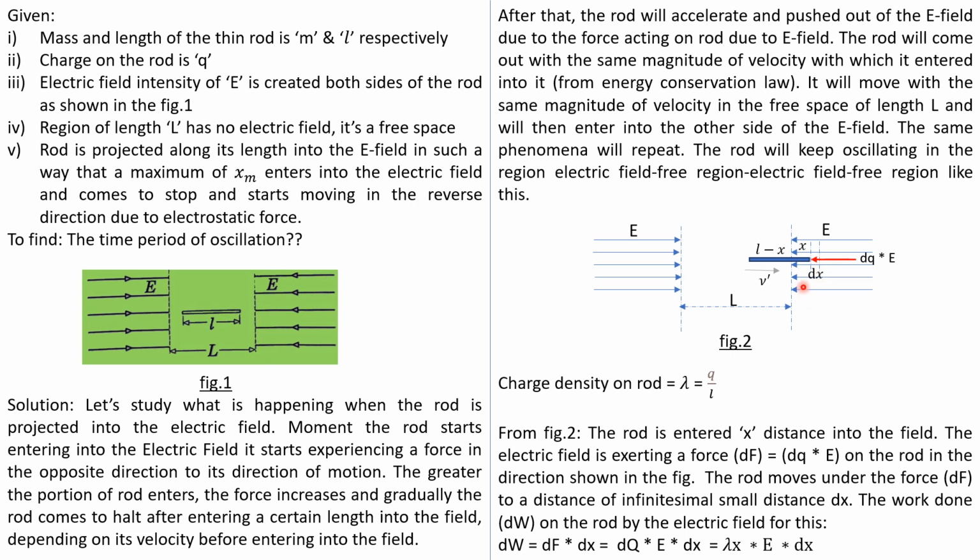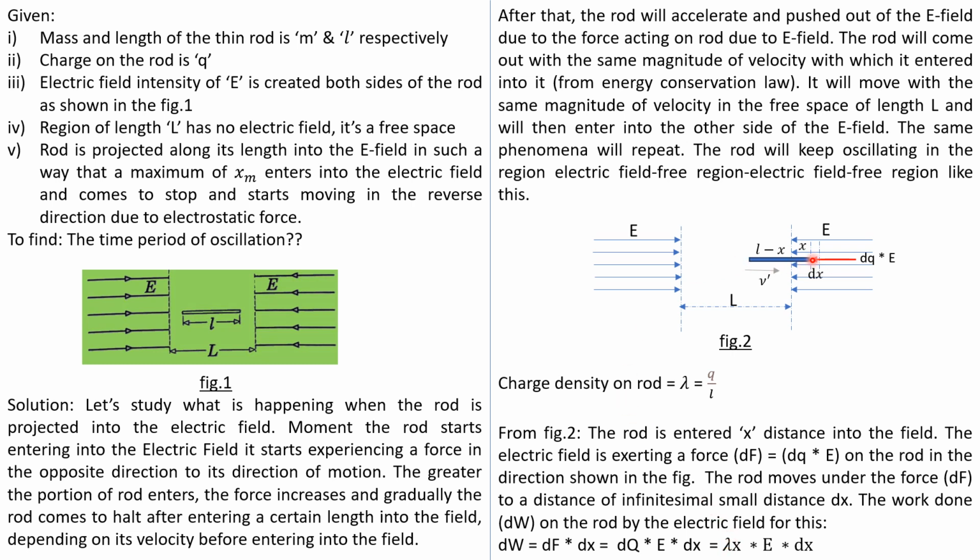So how can we express the work done? That dW, we can write as this force into dx. dx is infinitesimally small, so for practical purposes we can take the force as constant for this dx movement. So dq into E into dx, and you put the value of dq.